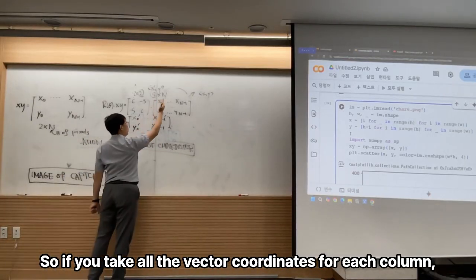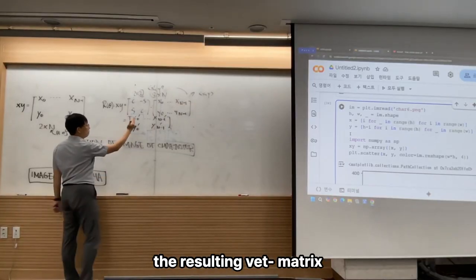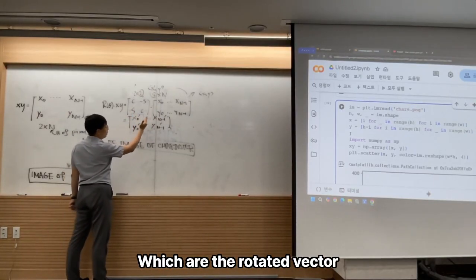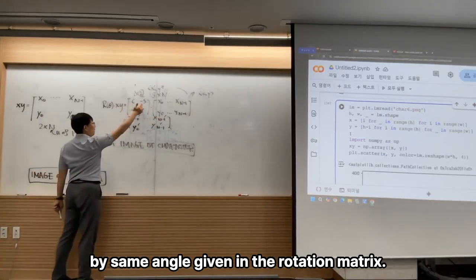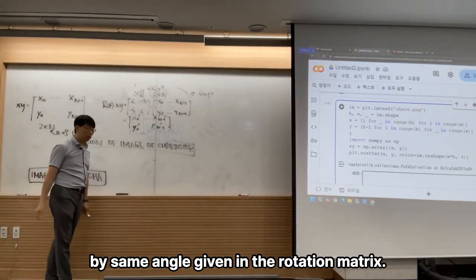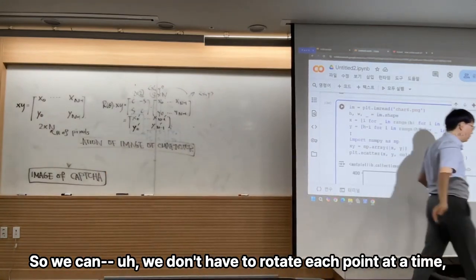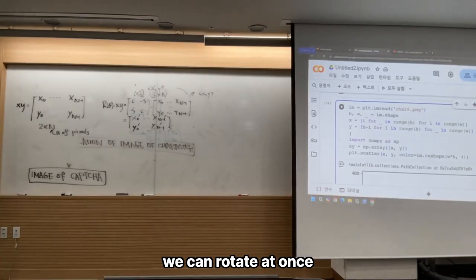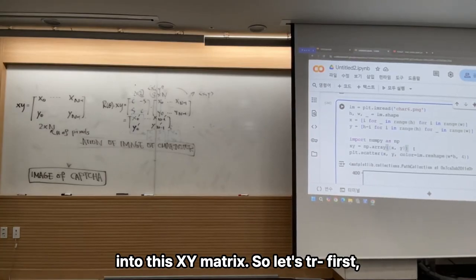If you take all the vector coordinates for each column, the resulting matrix has column entries which are the vectors rotated by the same angle given in the rotation matrix. So we don't have to rotate each point one at a time. We can rotate all at once by multiplying this 2 by 2 matrix into this xy matrix.